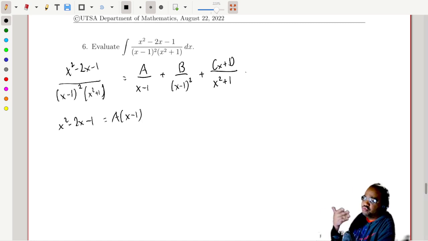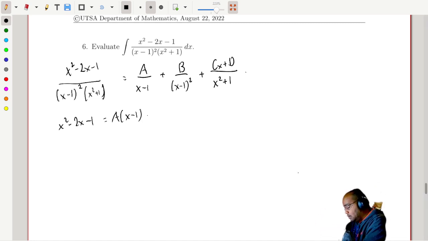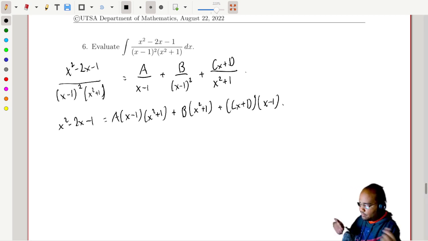Again, I encourage you to write out the multiplications and everything. Now it's just time to use our favorite methods here.